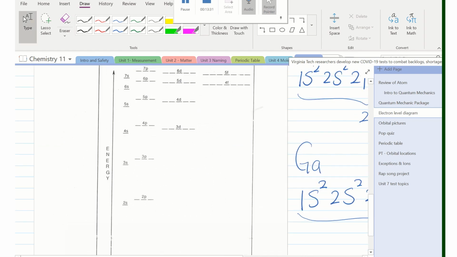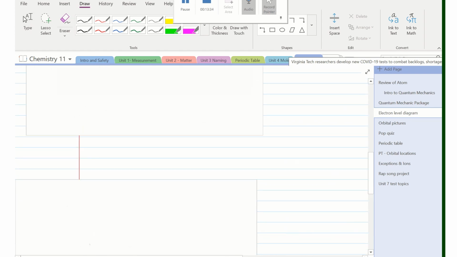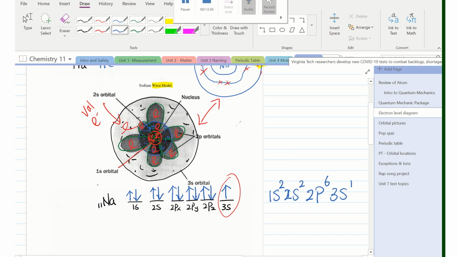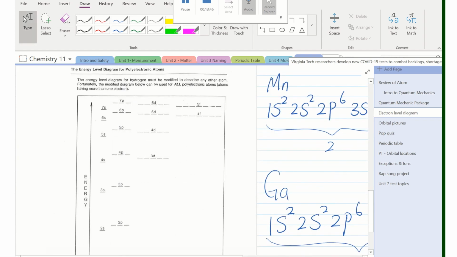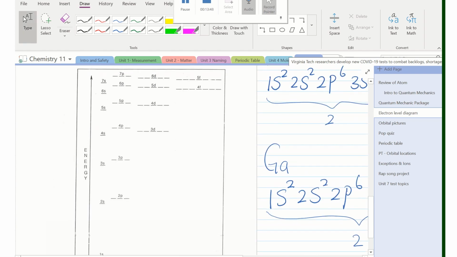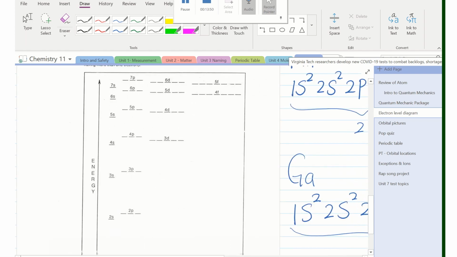Before we get into that, a couple more things I want to show you. These orbitals, these lines here, are not flat. The lowest energy level is 1s, so the better way of drawing those arrow diagrams is using this picture here.